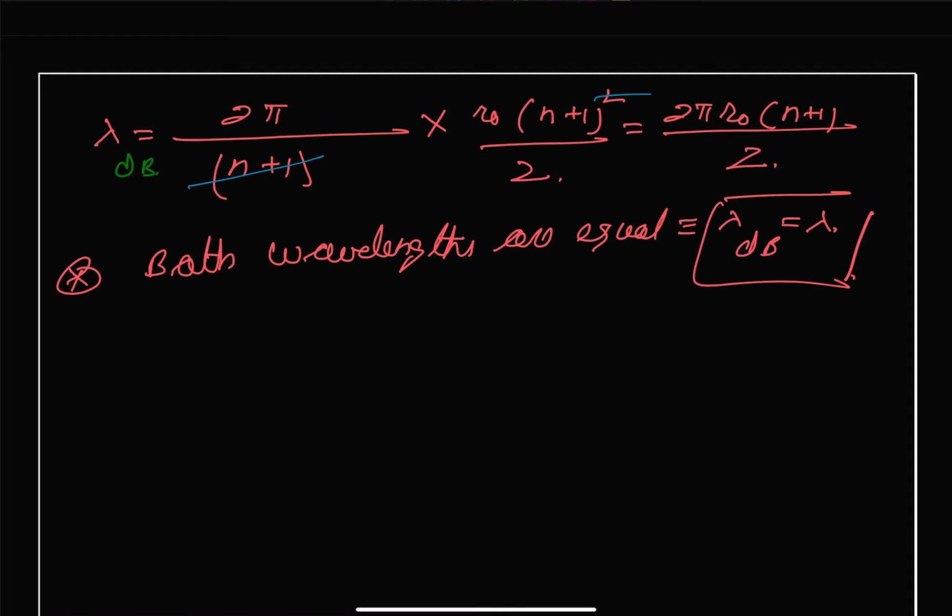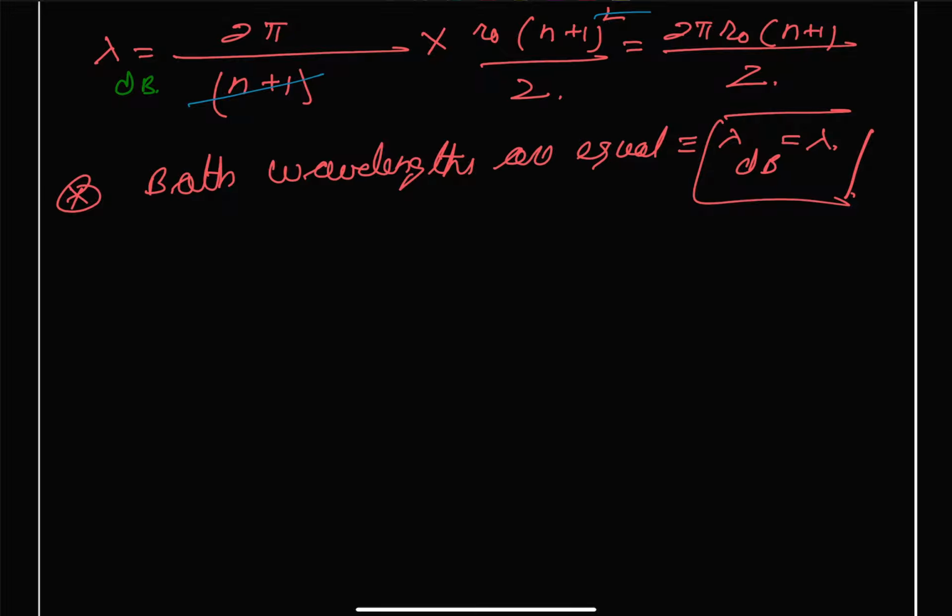So we substitute the values and we get lambda dB is 2 pi r naught (n plus 1) divided by z is equal to our lambda, that is 1 upon R z square times (1 minus 1 upon (n plus 1) whole square).